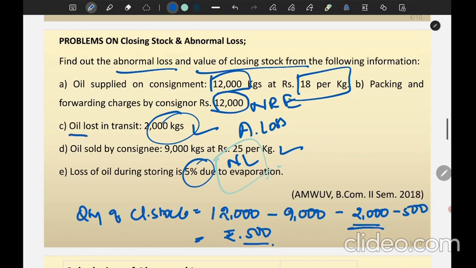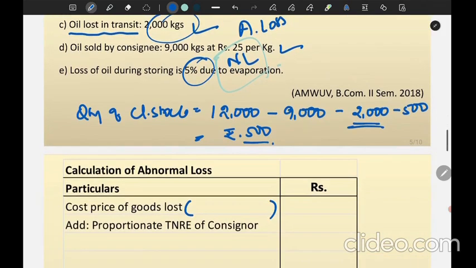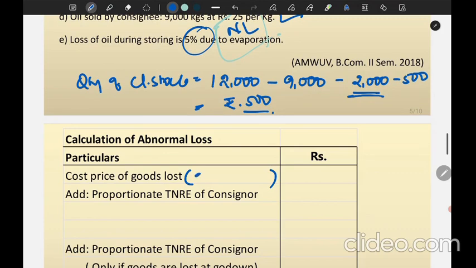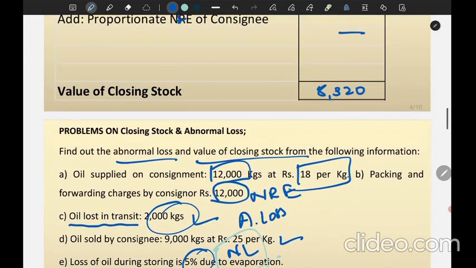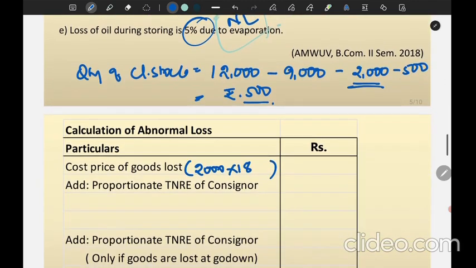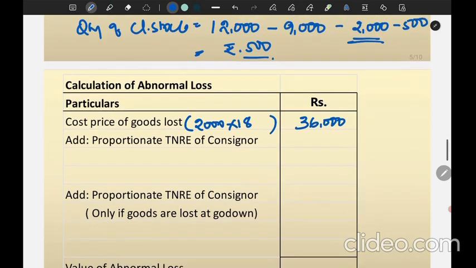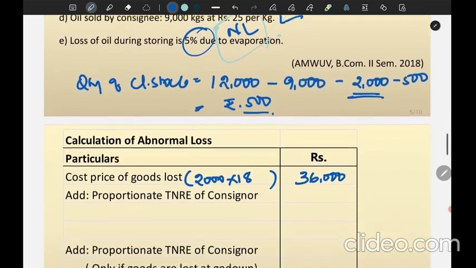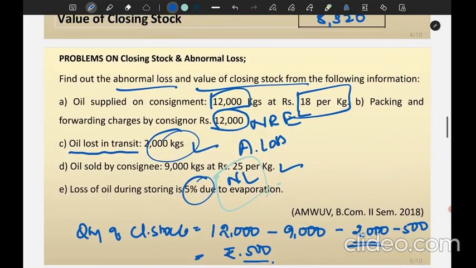Here it is mentioned 2000 kgs, and the price of each kg given in the problem is 18, so it will be 36,000. Add proportionate non-recurring expenses of the consignor.